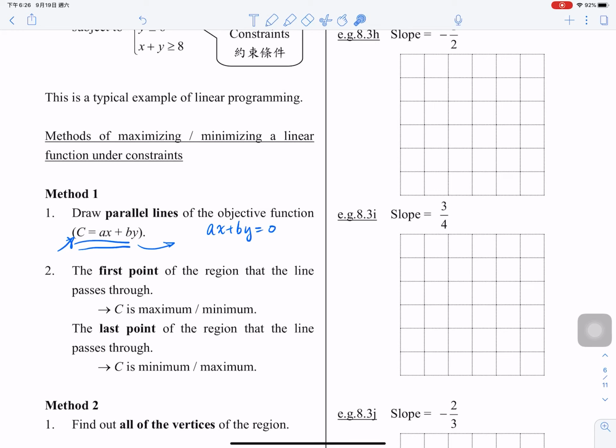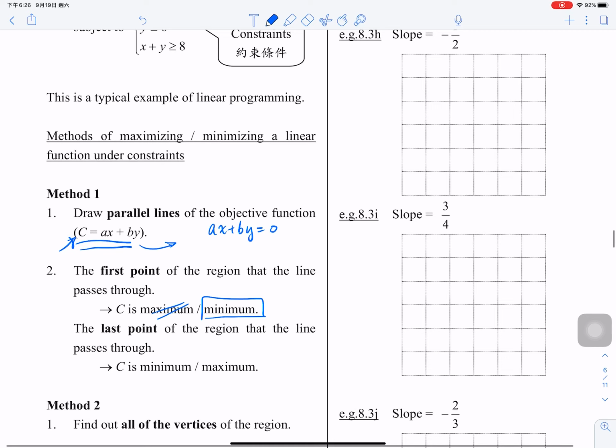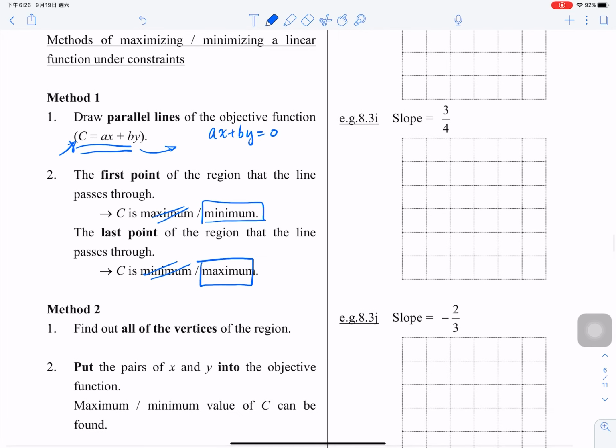If we shift the parallel lines, the first point of the region that the line passes through is usually the minimum value. The last point of the region that the line passes through will be the maximum value. Then have a look.